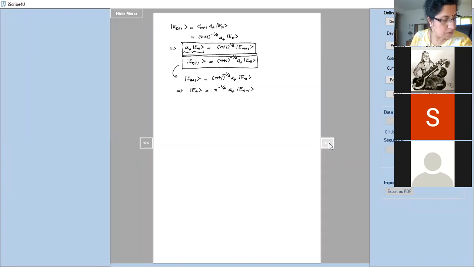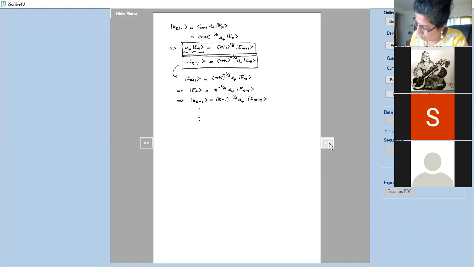Then you can go further and say this implies that En minus 1 will be nothing but n minus 1 power minus half A plus En minus 2. You can keep writing this, so you can put this all together.